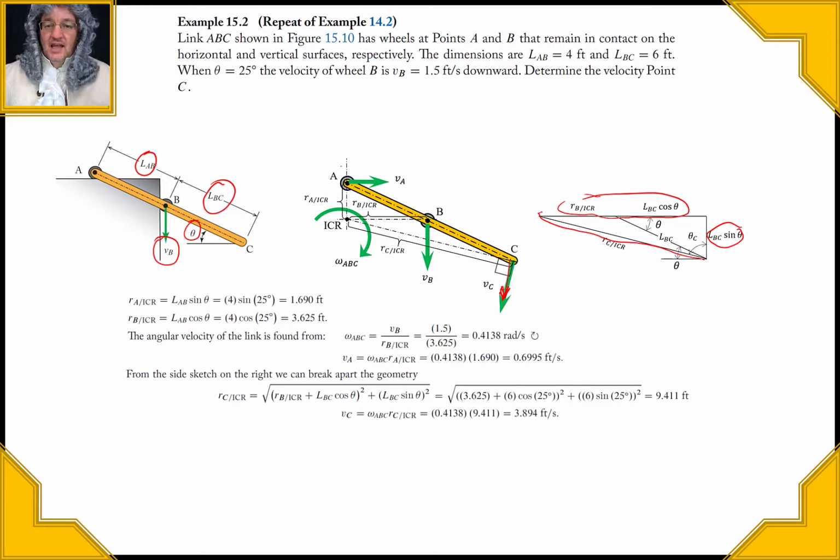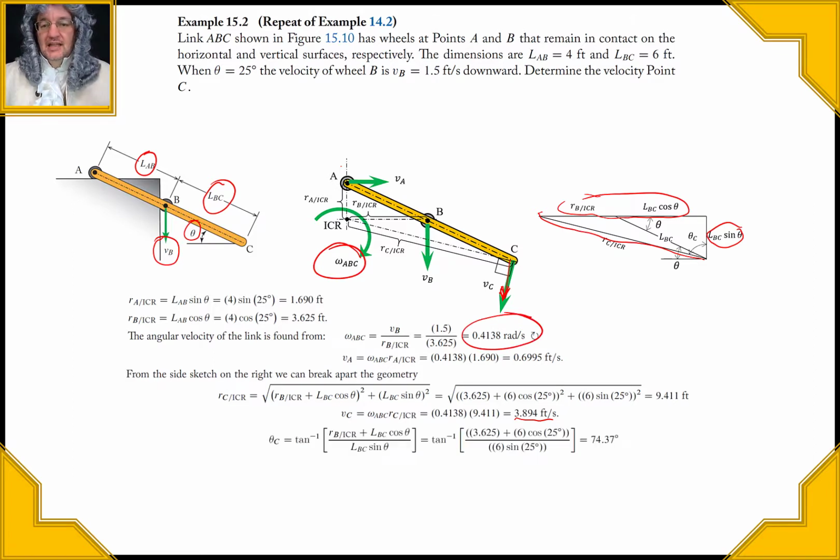I could also find the angle here in a second. But anyway, I find the value just by multiplying that length times the omega that I found up above, right? And then I have to do a little bit more work to find the angle, which is going to be theta c in this case.